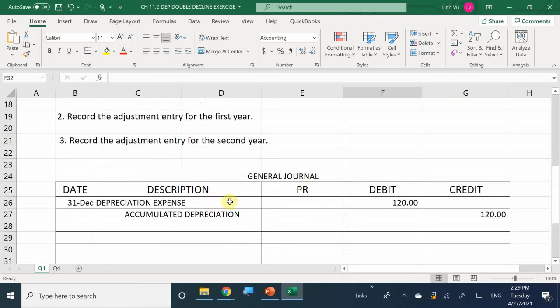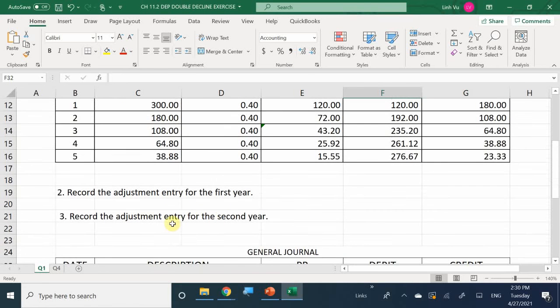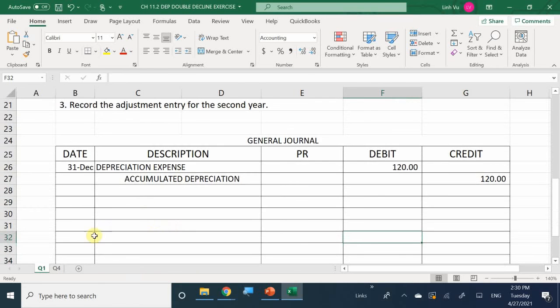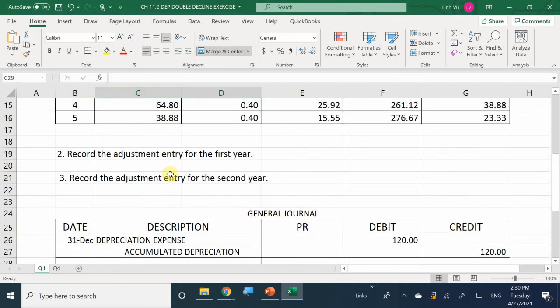Okay. Question number 3 says go ahead and depreciate for year number 2. So once again, the date is going to be December 31st. What's my journal going to look like?